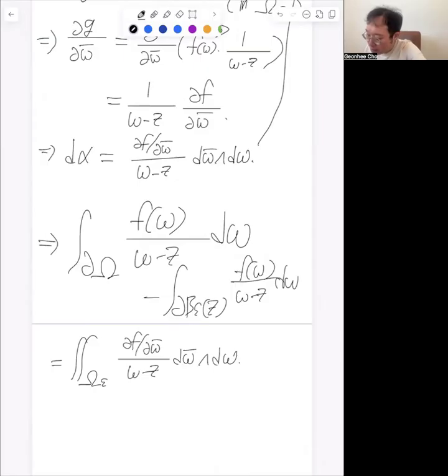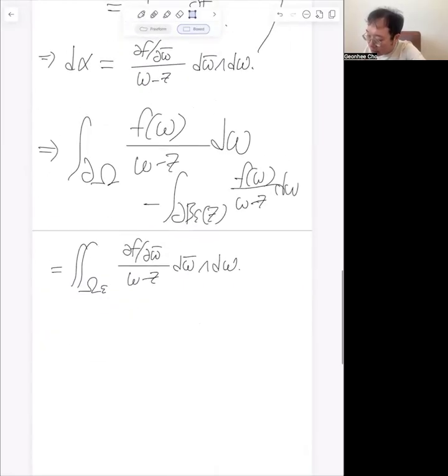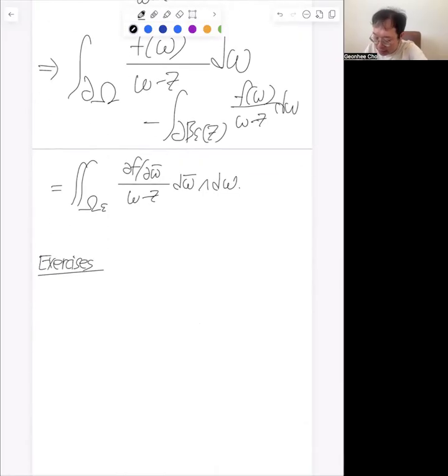Now all we need to establish is to kill the effect of the small ball as epsilon tends to zero. So let me skip those pieces. There's a small exercise. First, you can check that this follows almost immediately.